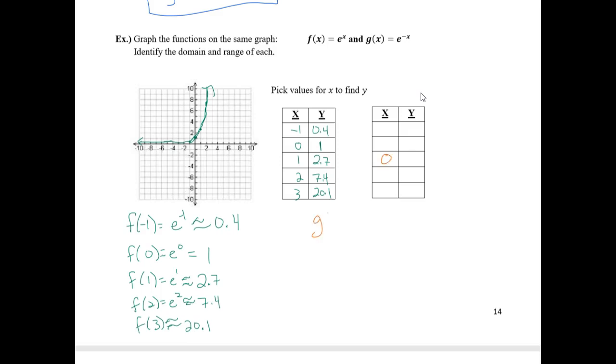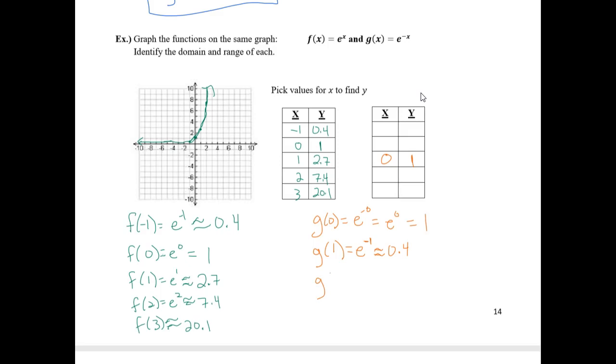Obviously, g of 0, anything to the 0 power, because there's no -0, it's the same thing as just e to the 0, is 1. Now let's test some values around that. If I picked +1, now when I plug that in, it's going to make it negative, right? Because I already had that -x. And we already know from our last one, e to the -1 is 0.4 approximately.